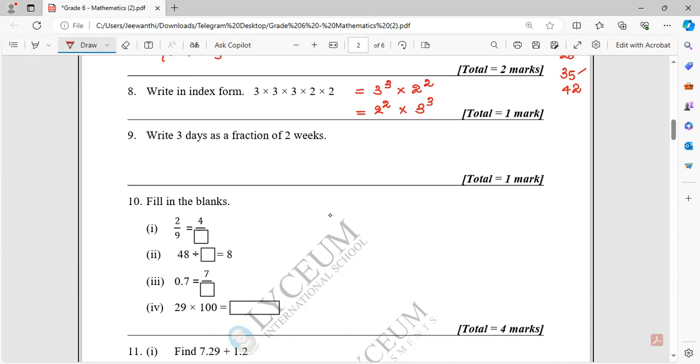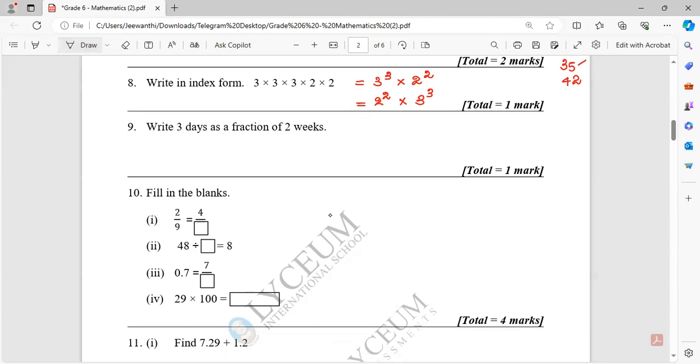The lower base value I wrote first and the higher base value I wrote next, right? So 2 to the power 2 and 3 to the power 3, but that step is not compulsory. If you have not written it, then don't worry about the marks. You can get the 1 mark for the answer you have written like the first step, but it's better that as a practice we write it like this.